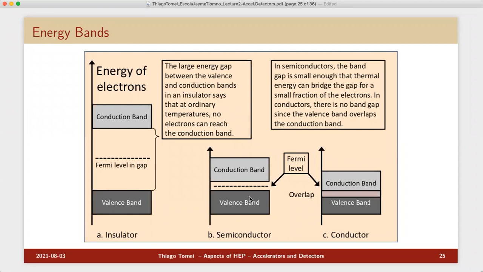In semiconductors, though, the band gap is small enough such that thermal energy can bridge this gap. Just the thermal fluctuations can make electrons jump a bit. Of course, in a conductor, the two bands overlap, and then you have your regular conductor, just like a metal. But the key thing in the semiconductor case is that this gap is very small. So just with the thermal fluctuations, they can make the jump.